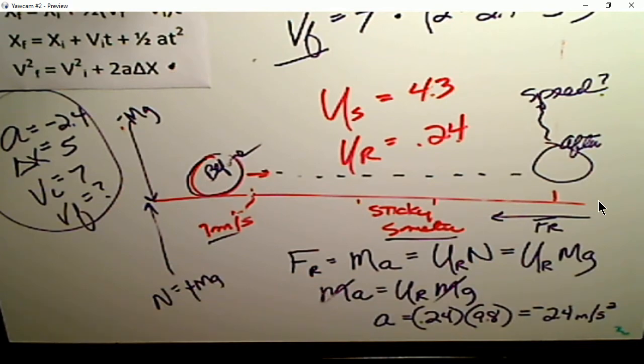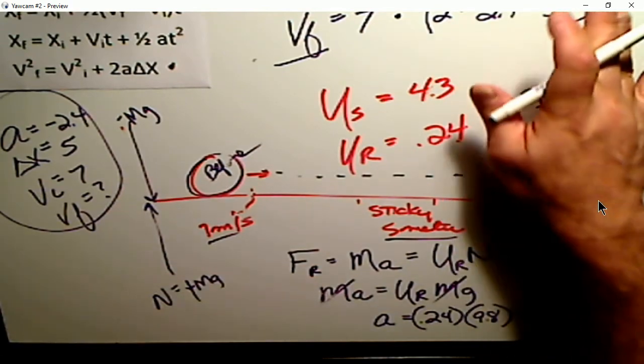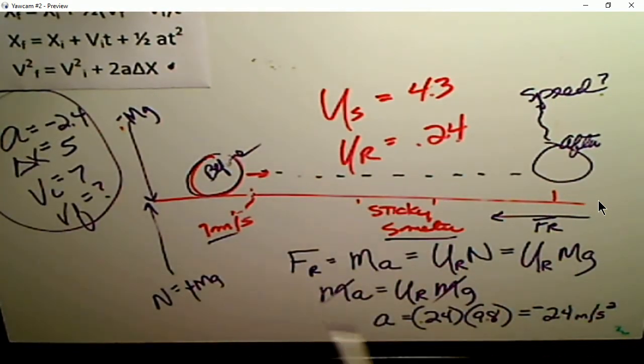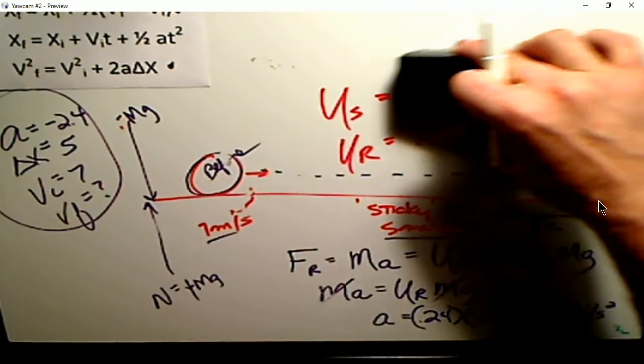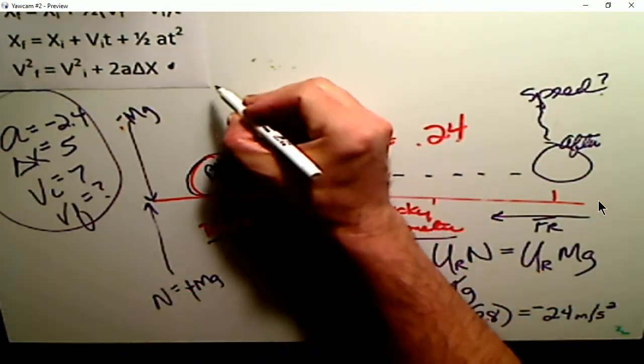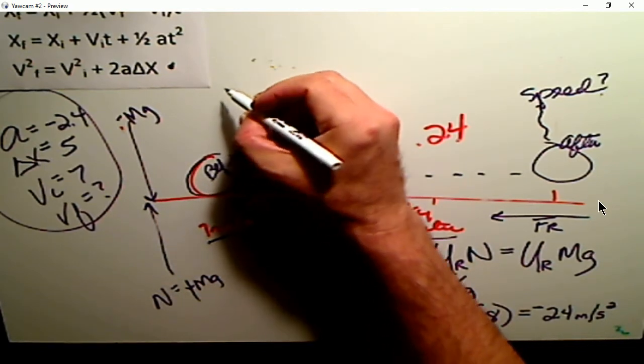I wrote that a little bit high, so let me rewrite that again. Notice we're not using the static friction. This is moving. So we're going to use this equation again.